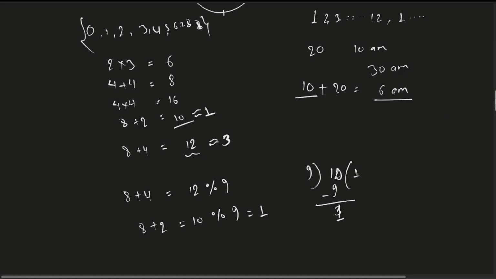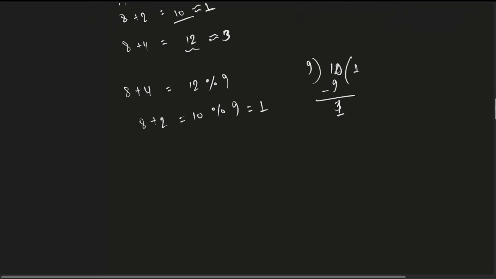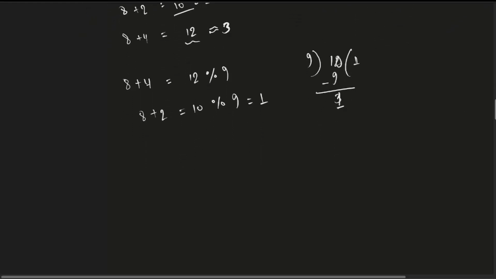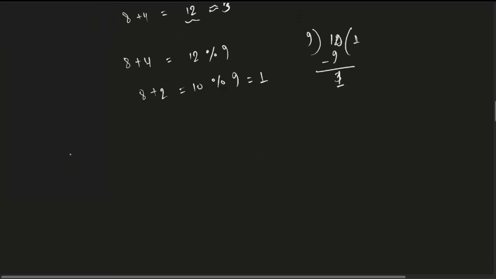Okay, but there's a formal way of writing it, and it's a little weird at first. So for this modular operation, we say let a, r, and m, where a is my number, r is the remainder, m is the modulus.